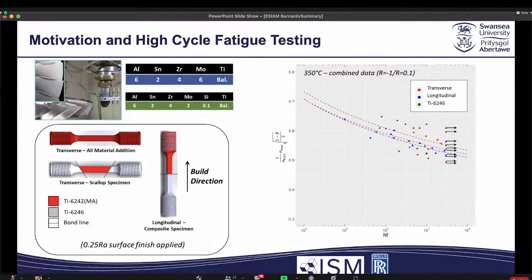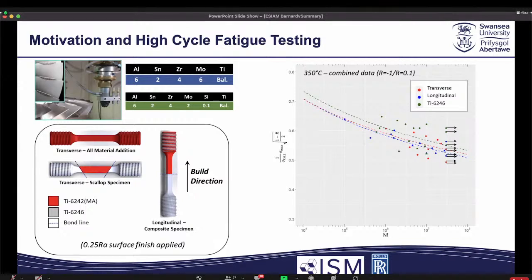The strategy used to characterize the material was pretty simplistic in nature, but one we think captures the application quite well. We carried out a series of high cycle fatigue tests on 3 different configurations of the additive alloy. One that's all additive Ti 6242, and 2 types of composite specimens, whereby we tested the material both in the build direction and transverse to the build direction.